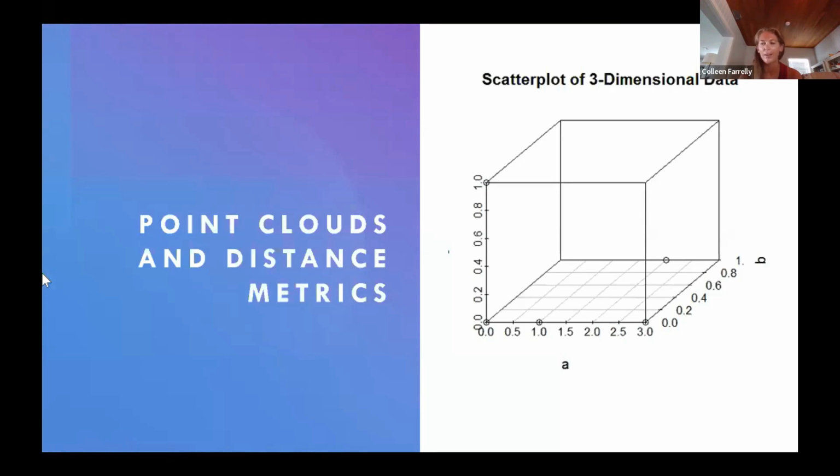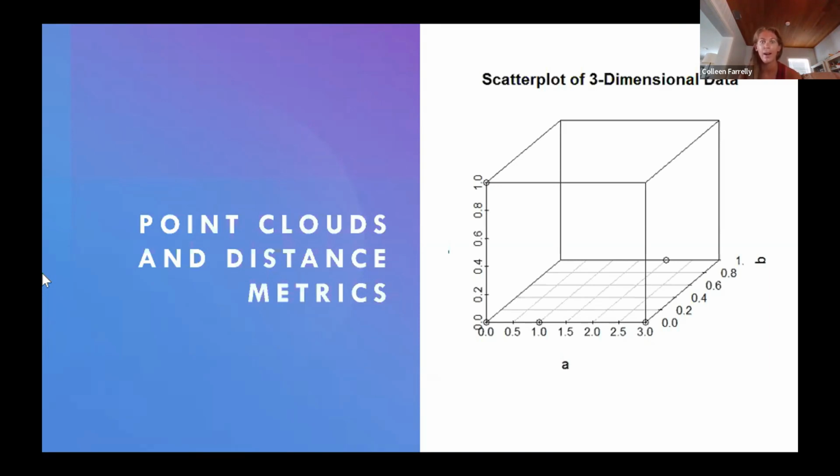So our data either lives on a spreadsheet or it can live in its natural habitat, which is a point cloud. Each variable that we're collecting is its own dimension, and our data has a little address in this abstract space. And we can understand the relationships between these different data points by looking at the distances between them.